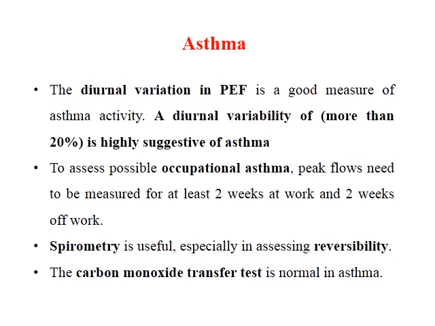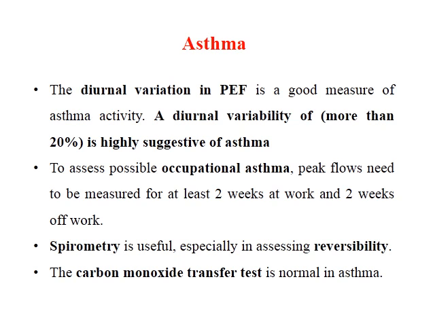There is a variation between day and night, diurnal variation of PEF, which is also considered as a good measure for the asthma activity. If the diurnal variability is more than 20%, it is highly suggestive of asthma. Okay?